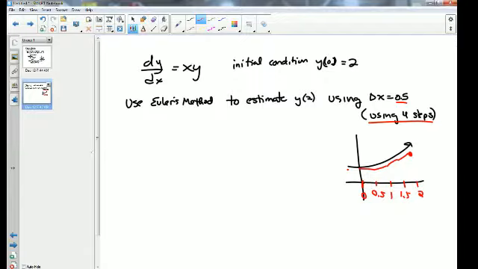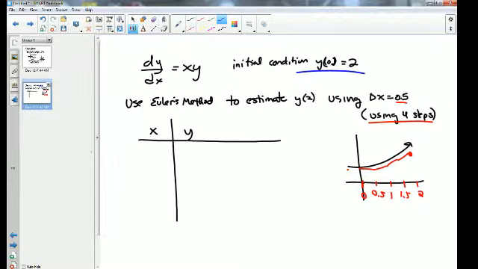Okay. So, how do we do that? And your book sucks at this, that's why I don't use it. The best way to do it is just to set up a table where we start with our x, y initial condition, 0, 2, right? So we're starting right here.